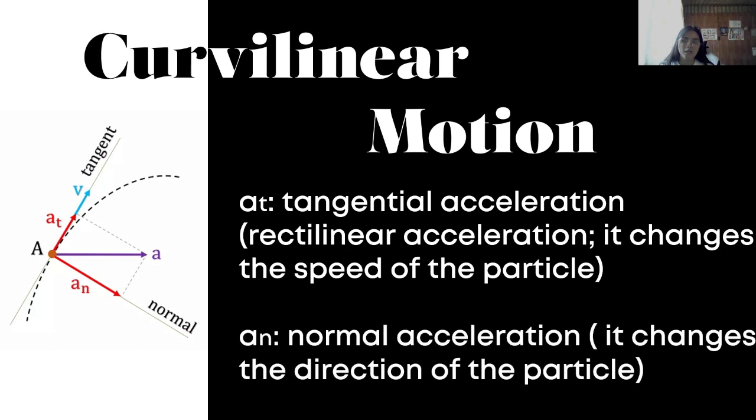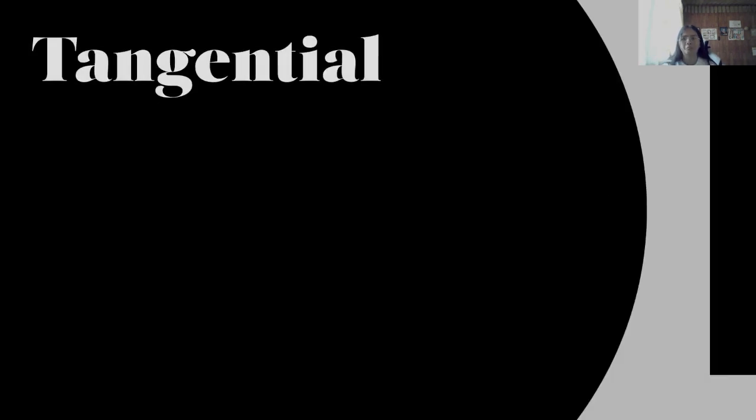So, a sub t is the tangential acceleration, or we can also call it rectilinear acceleration. It changes the speed of the particle. And a sub n, the normal acceleration, changes the direction of the particle.